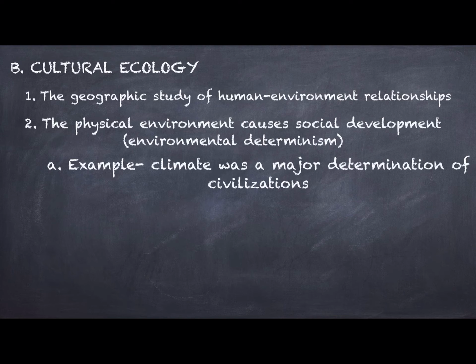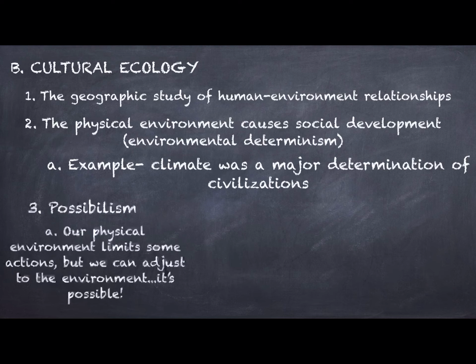Now, climates affect the distribution of people and where they live on Earth. So climate was a major determination of civilizations being created from the start, okay? So this is a very big deal, but it was first brought about and written about in the 1700s. People started talking about these things. These were early human geographers, basically, okay? And they didn't even know it.